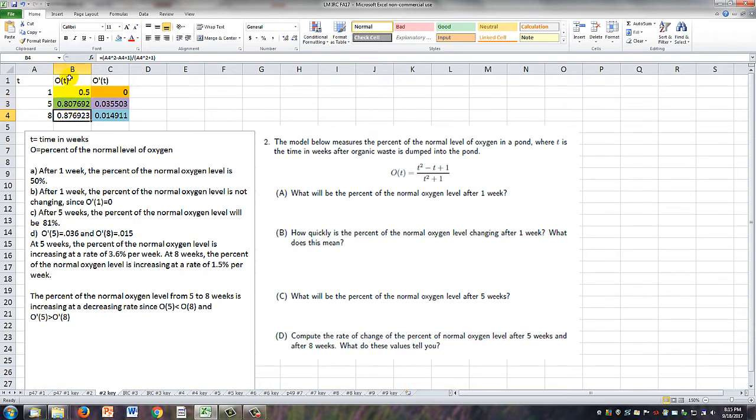So the actual function is showing that it's increasing, but the rate is decreasing. So the original function is showing that there's an increase in percentage rate. The derivative is showing that the rate is slowing down. So this is increasing because the numbers are getting bigger, the percents are getting bigger, at a decreasing rate because the rates are slowing down.